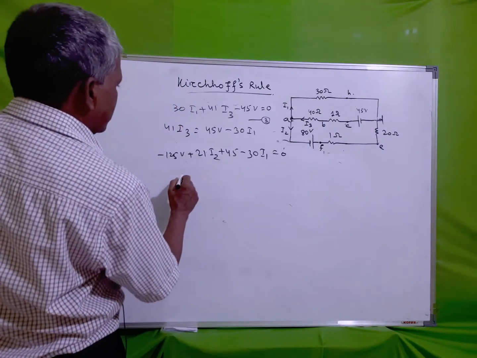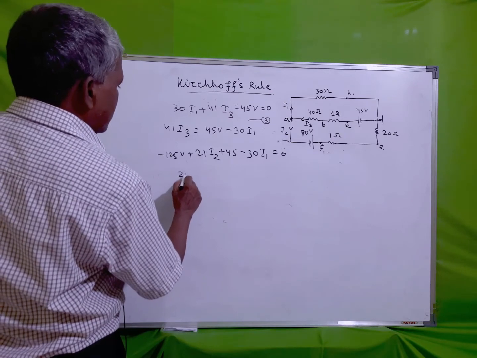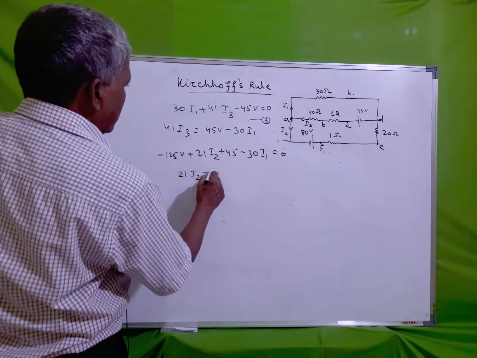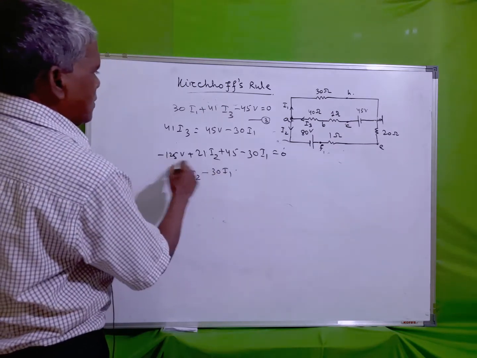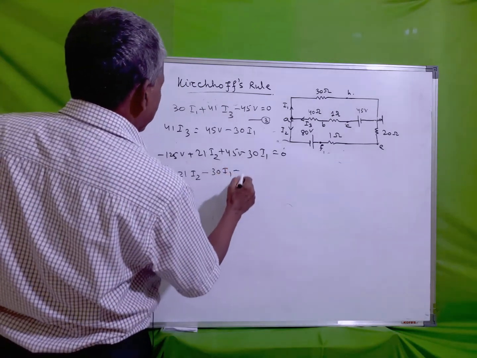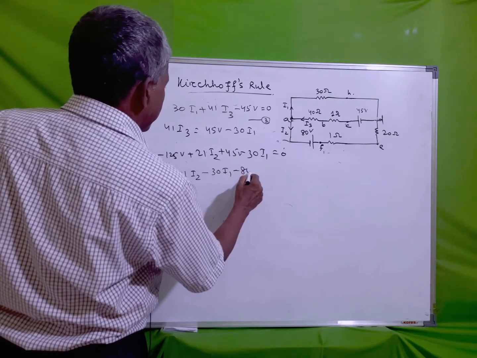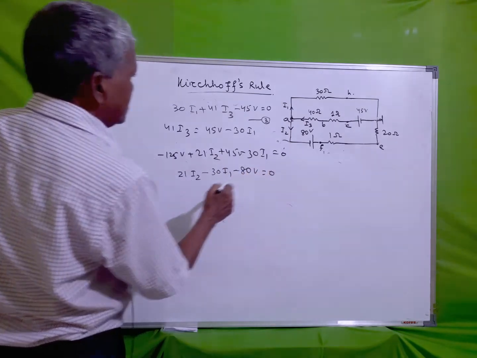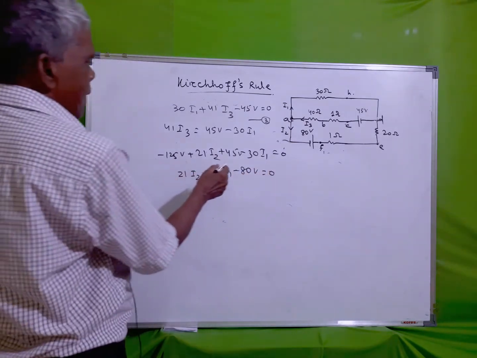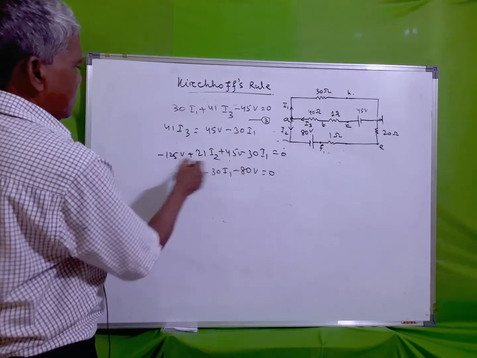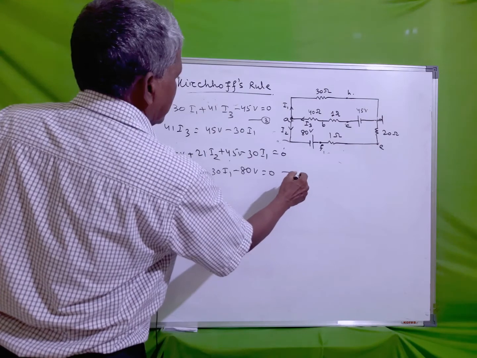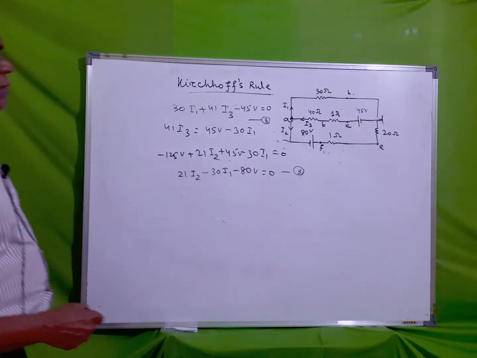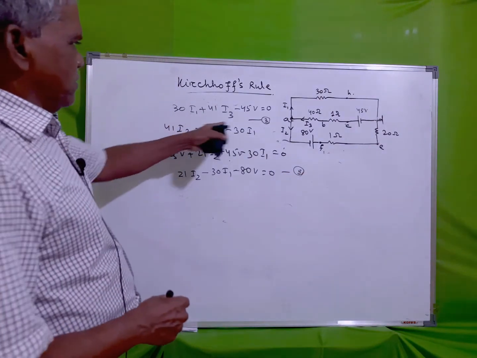Or you can write 21 I2 minus 30 I1 minus 80 volt equals 0, since 45 minus 125 is minus 80. So this is another equation, equation 5.